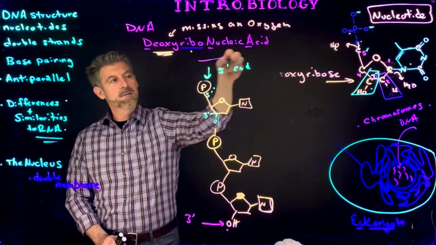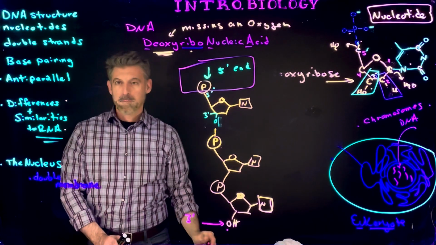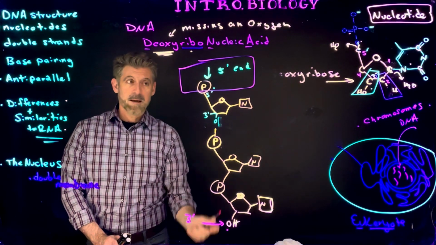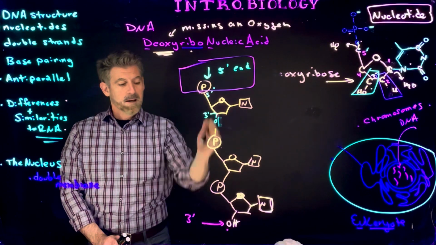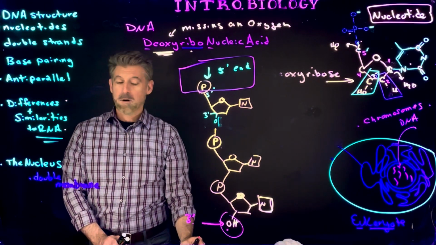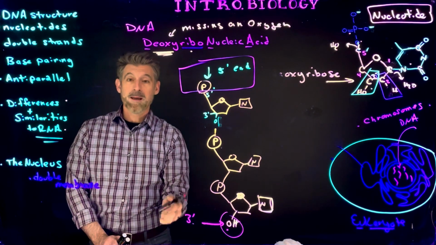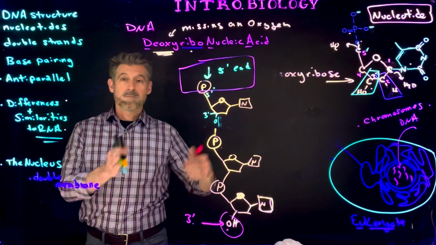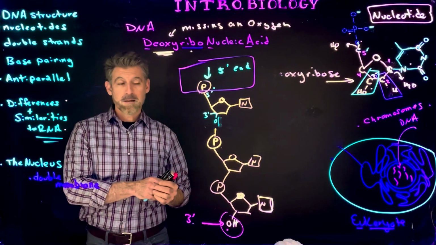So sticking off of this end of that piece of DNA, a polymer of nucleotides joined together, is a phosphate. And sticking off of this end down here is an OH, a hydroxyl group, and that's the 3' end. That becomes very important later on as we add more detail to the structure.